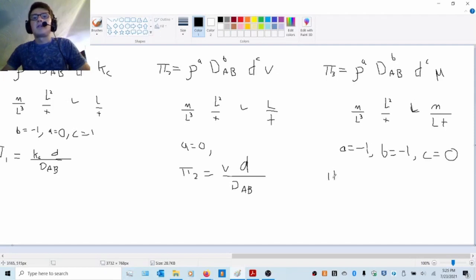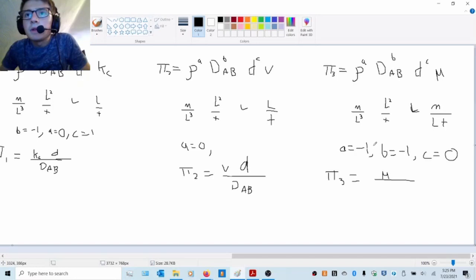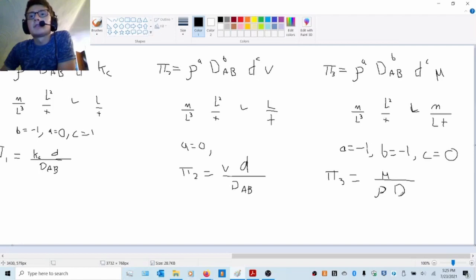So if we go ahead and solve that out, we will find that pi 3 is going to be the density. Actually, no, it's going to be the viscosity. I'm sorry, I'm losing track of all my stuff. Over the density, all multiplied by the driving force.